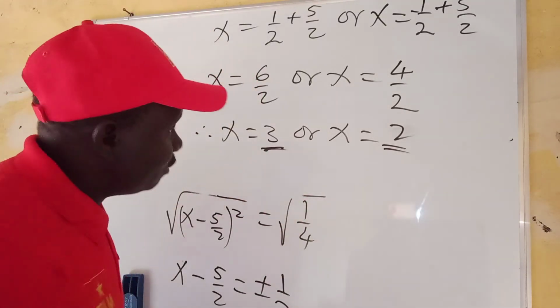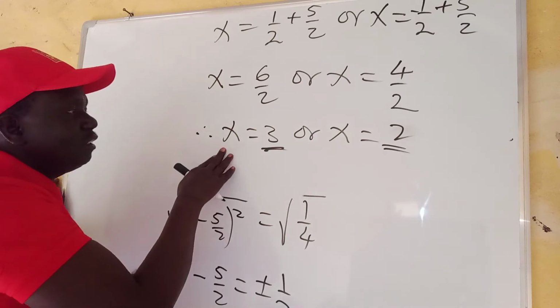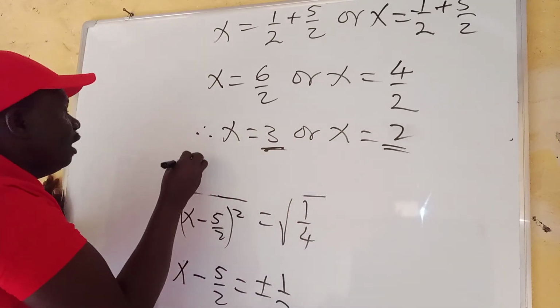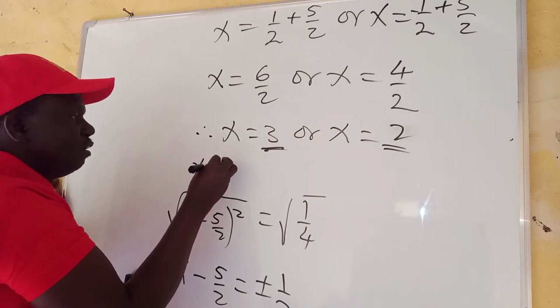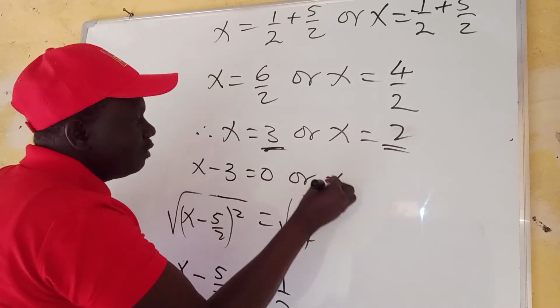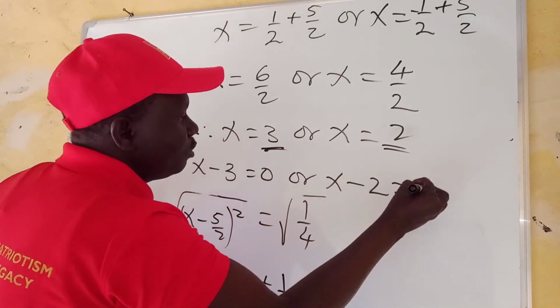Now, what are the factors? Since x is equal to 3 or x is equal to 2, the factors are x minus 3 is equal to 0 or x minus 2 is equal to 0.